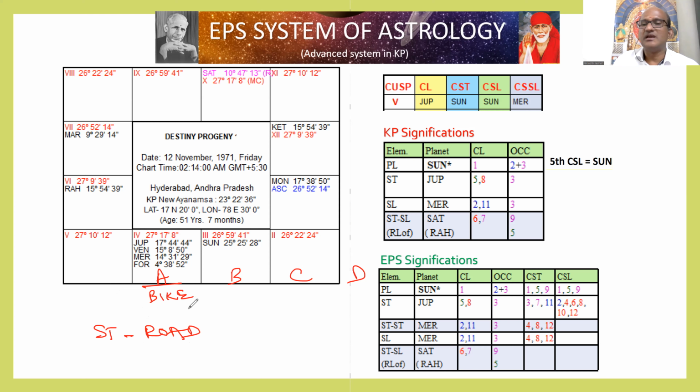Suppose Pavanji is also traveling on the same road in a car. Someone else is traveling on a bus. The planet is the bike or car or bus. The Star Lord signification is going to be the same. All three are traveling on the same road.